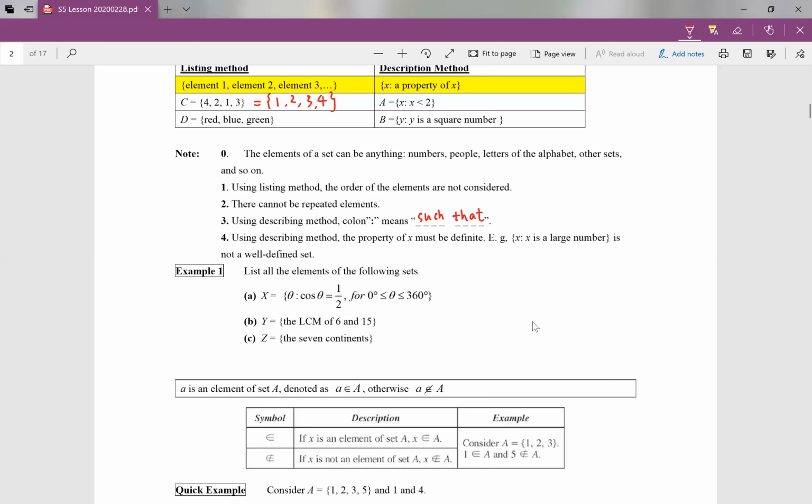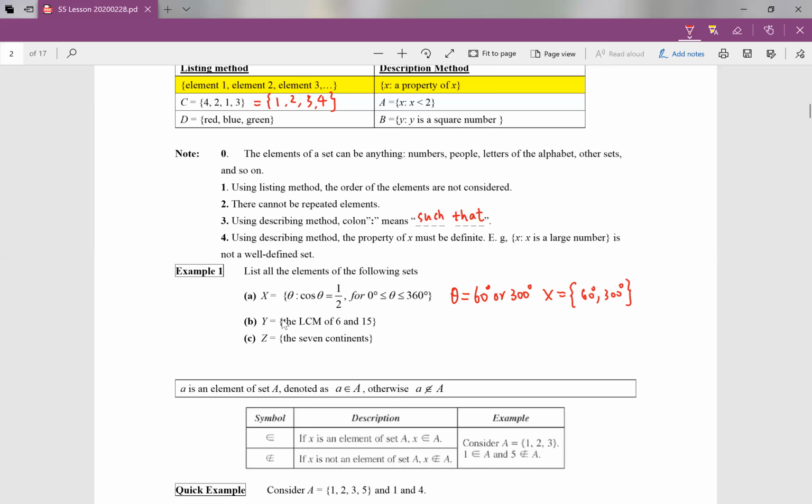So in this case, theta can be 60 degree or 300 degree. So X can be, using listing method, {60 degree, 300 degree}.